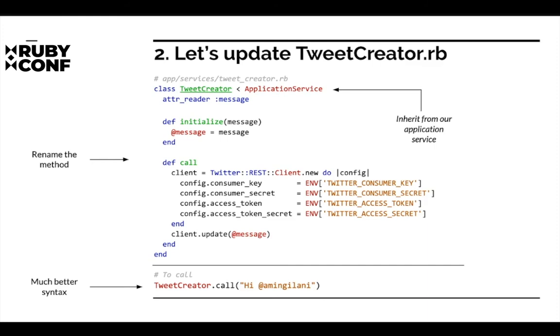And what that'll do is instantiate a new instance of tweet creator. That's what the new does. And then call this method call with the parameters that you passed on to the parent.